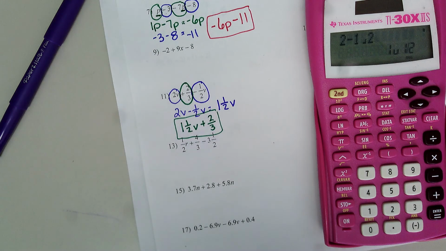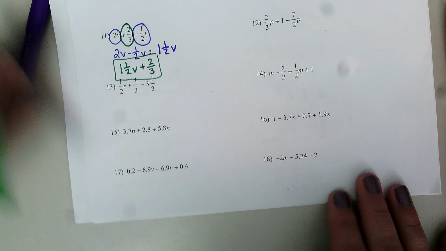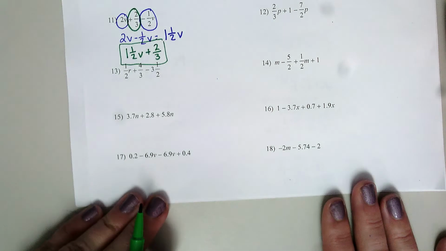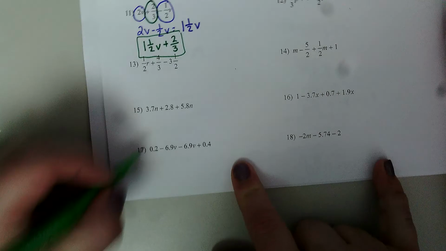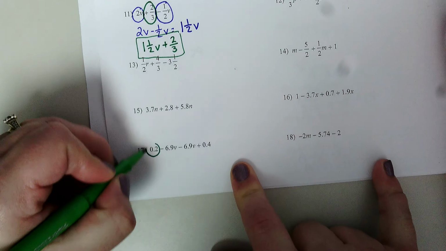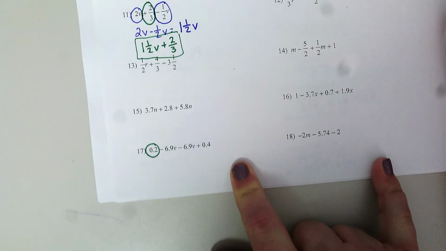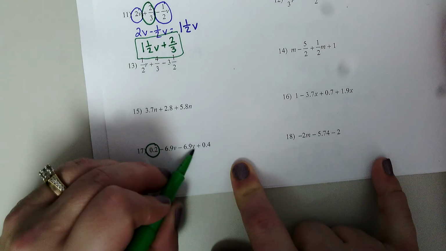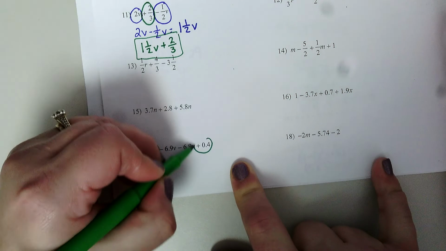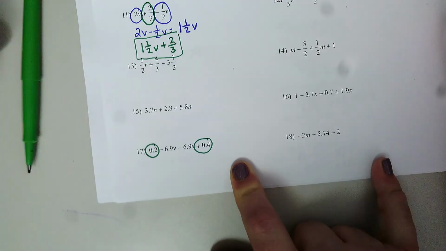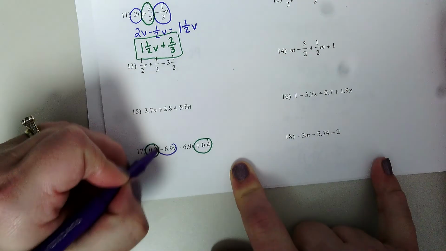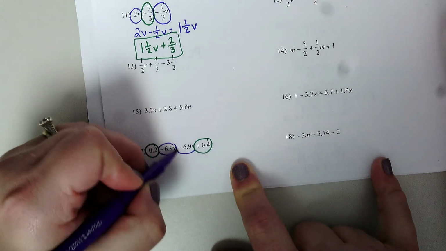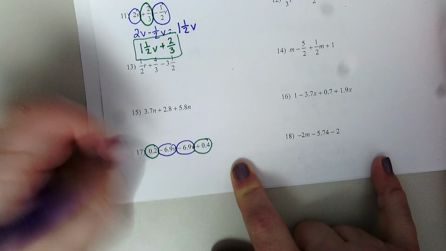We'll do one more with decimals, and then I'll let you guys get to it. So let's do number 17. Number 17, we have, looks like we have 0.2 tenths. And then we have positive 0.4 tenths. Okay, and then I'll look back and I say negative 6.9 V and negative 6.9 V. All right, so let's start.